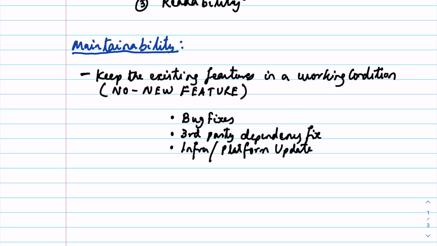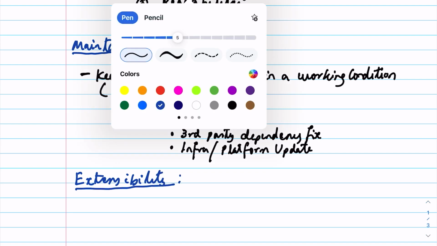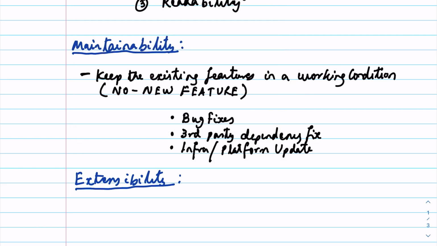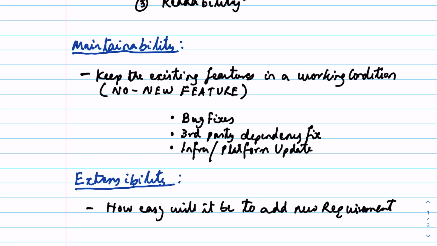So what do you mean by extensibility? Extensibility means how easy it will be to add a new requirement in our code.